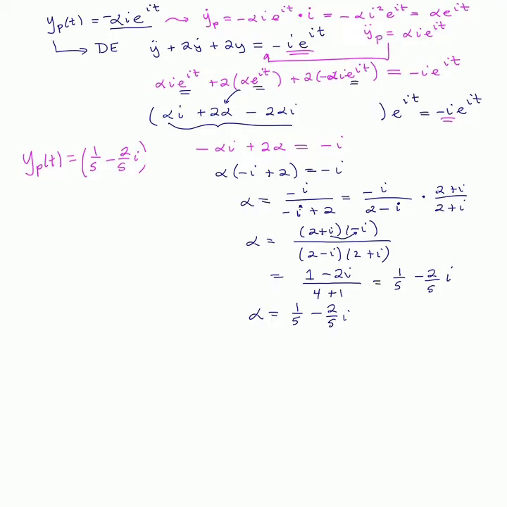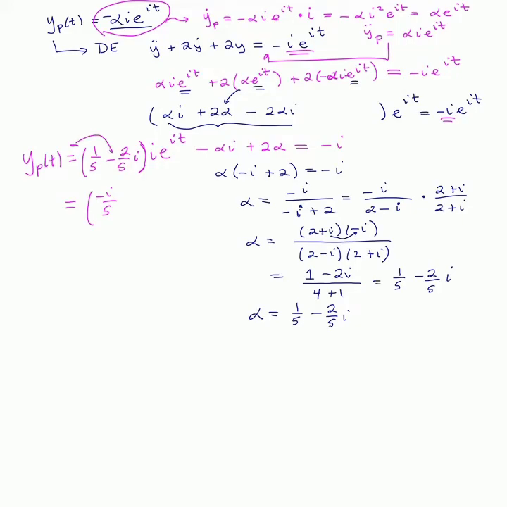Oh, we have to be careful there. Let's see, substituting right into here, we were going to get the minus alpha. We need to multiply this by i e to the it, which simplifies a little bit. Distributing the negative i, you'll get negative i over 5.